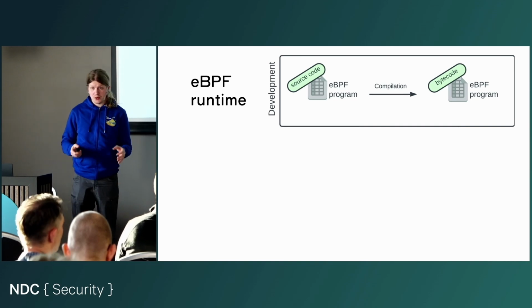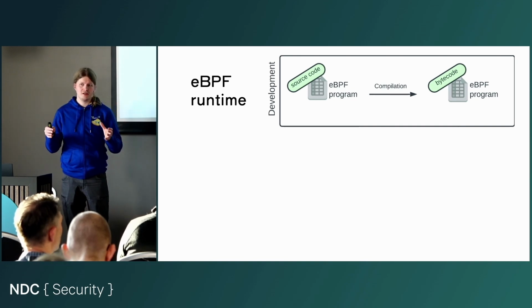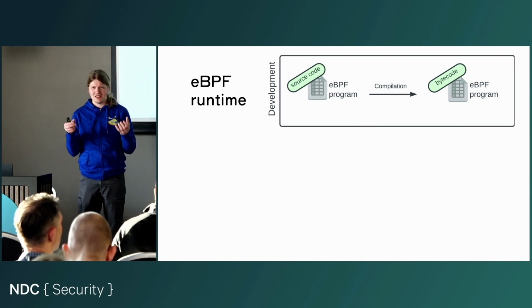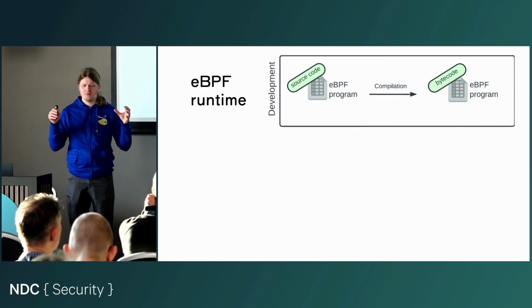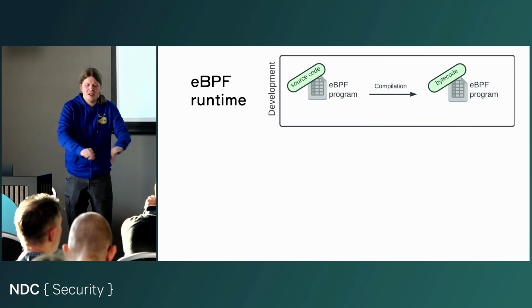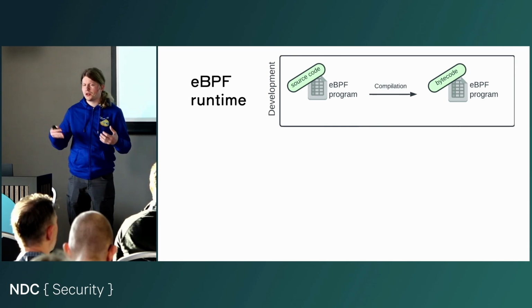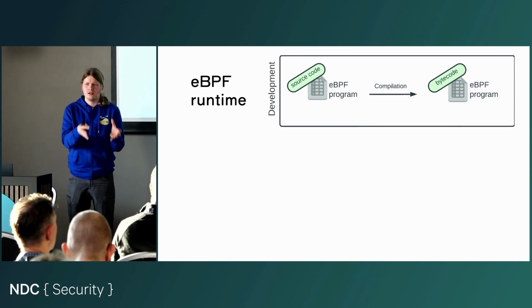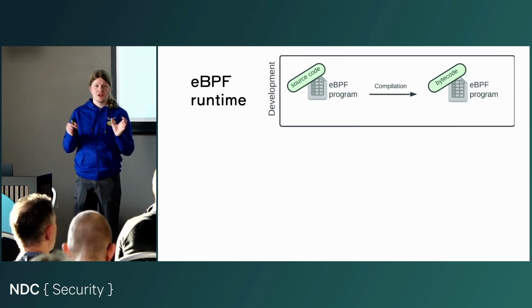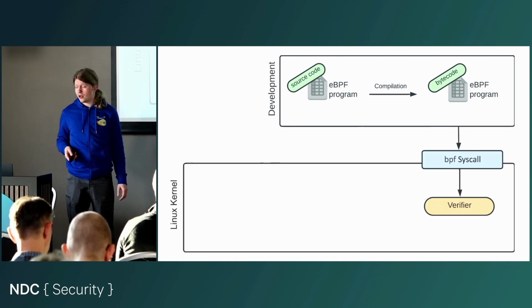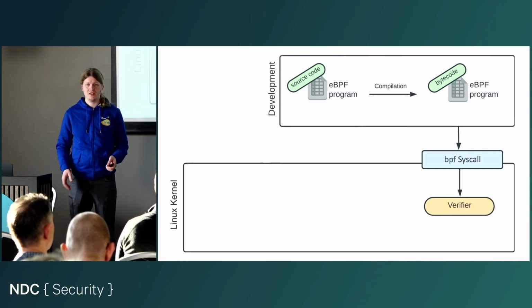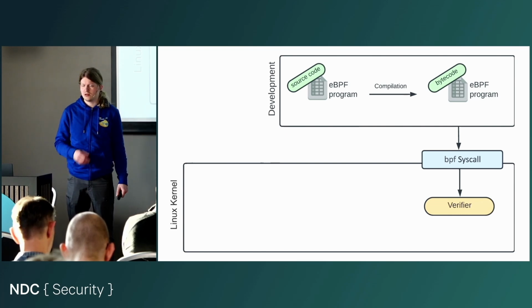And what we then do, because all this, as you might guess by now, has to run in the Linux kernel, because the network handling is deep down in the stack, and all the things that we do with eBPF essentially run in the Linux kernel with kernel privileges. So we have to push them somehow in there, and that's where the BPF syscall comes in. We can tell it, hey, here's a program that I wrote, please load it in the Linux kernel.